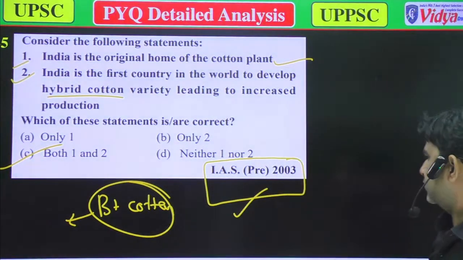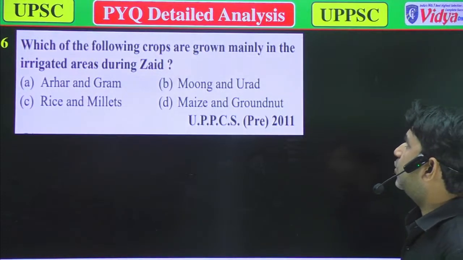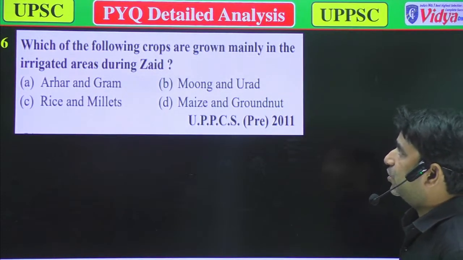Now we'll move to the next question. Which of the following crops are grown mainly in the irrigated area during Zaid?